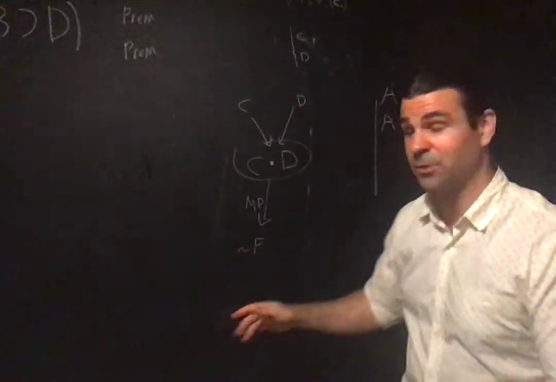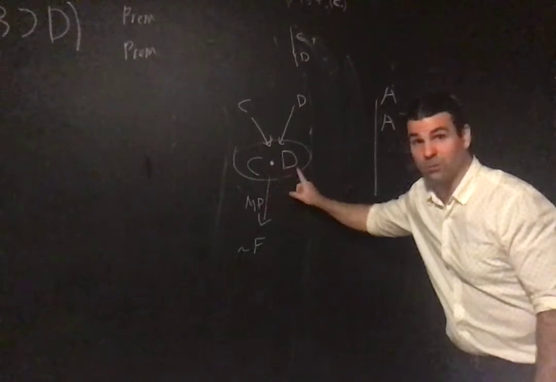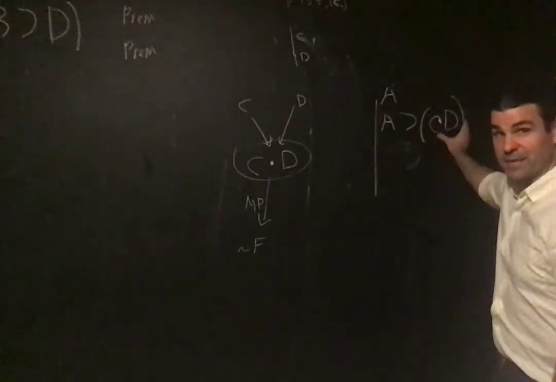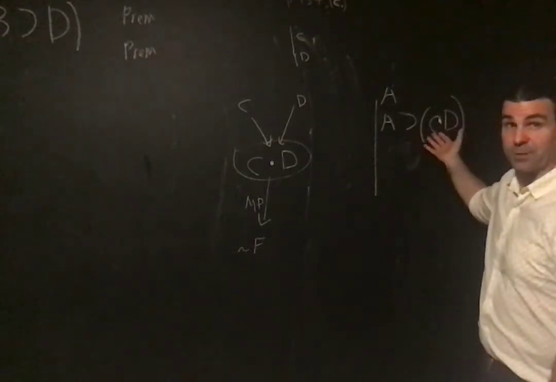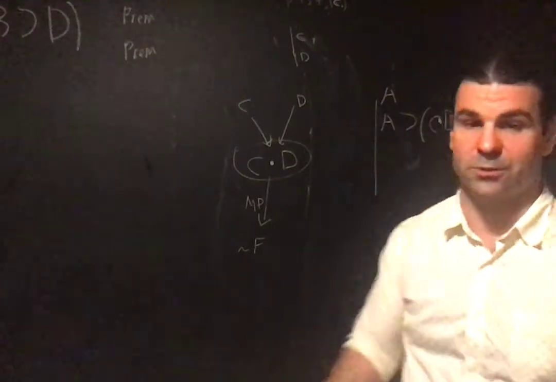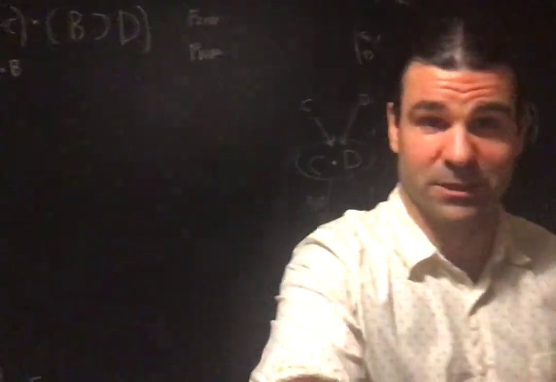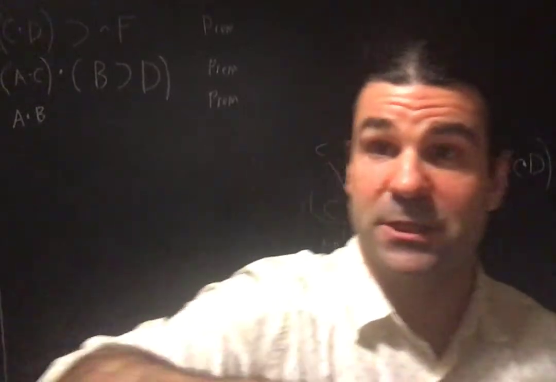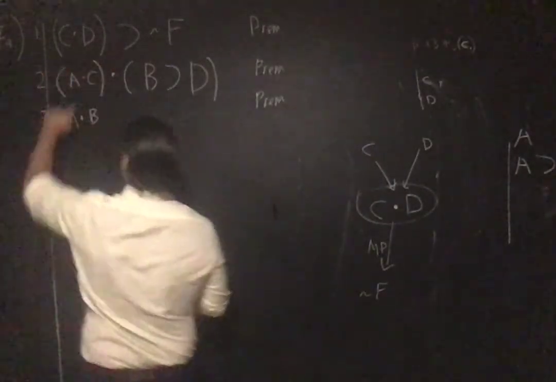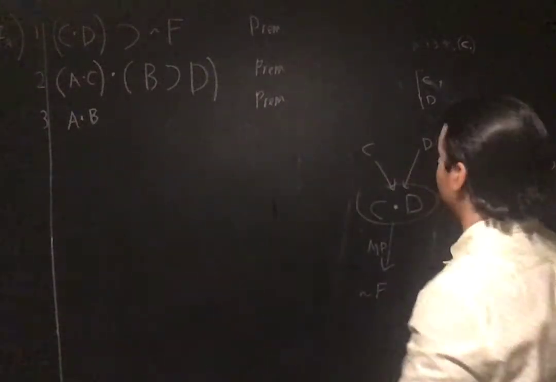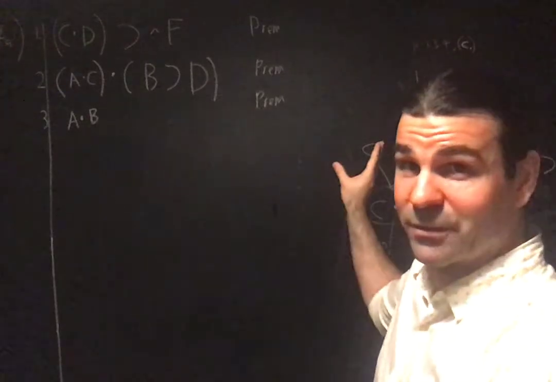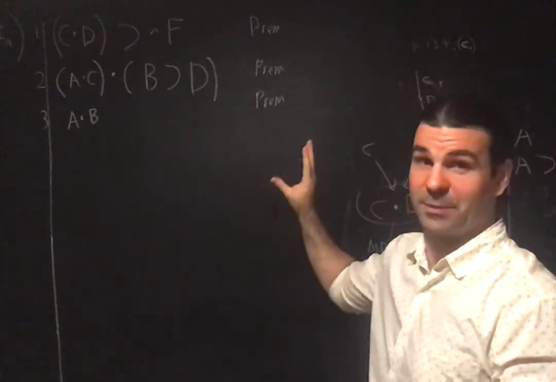But it's also possible that that formula, the whole C and D, appears as a subformula which you can bust out. For example, if it appears as the consequent of a conditional, and you have or can otherwise get the antecedent of the conditional. Notice here, C and D does appear as a whole as a subformula of this, but since it appears as the antecedent, if it was the consequent of a conditional it might be easy to get.